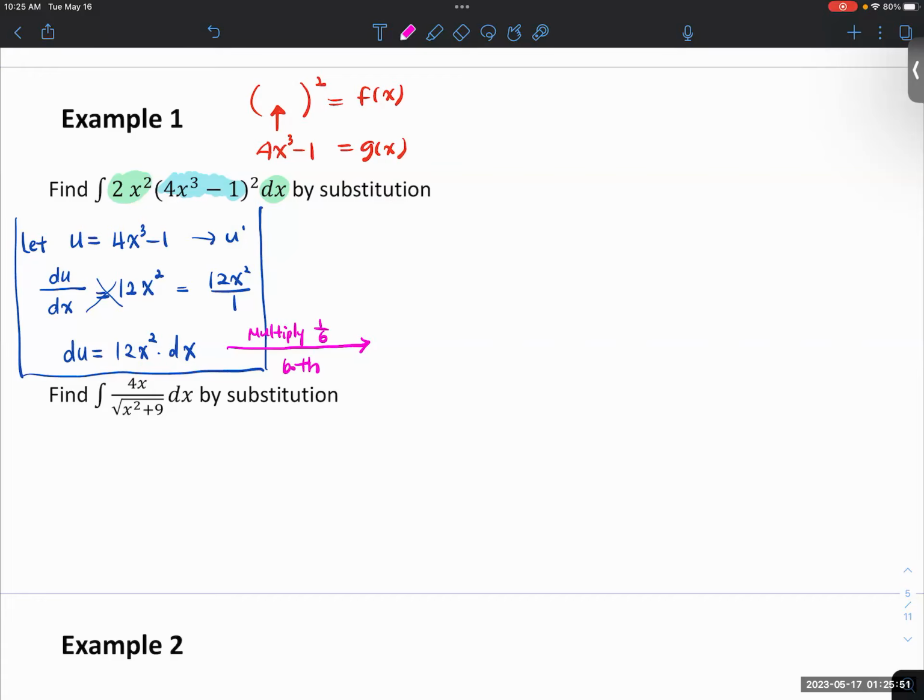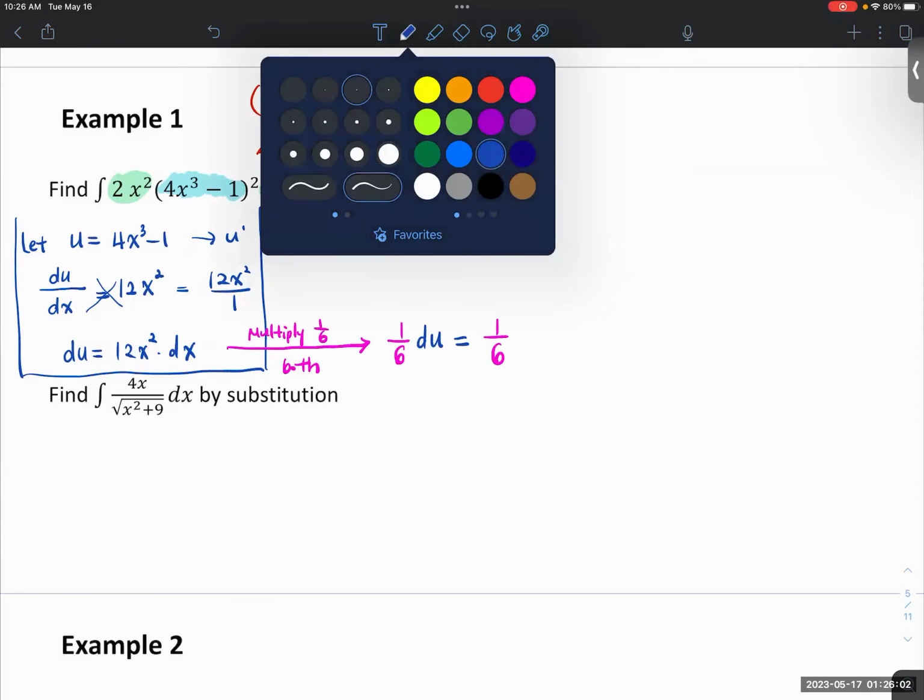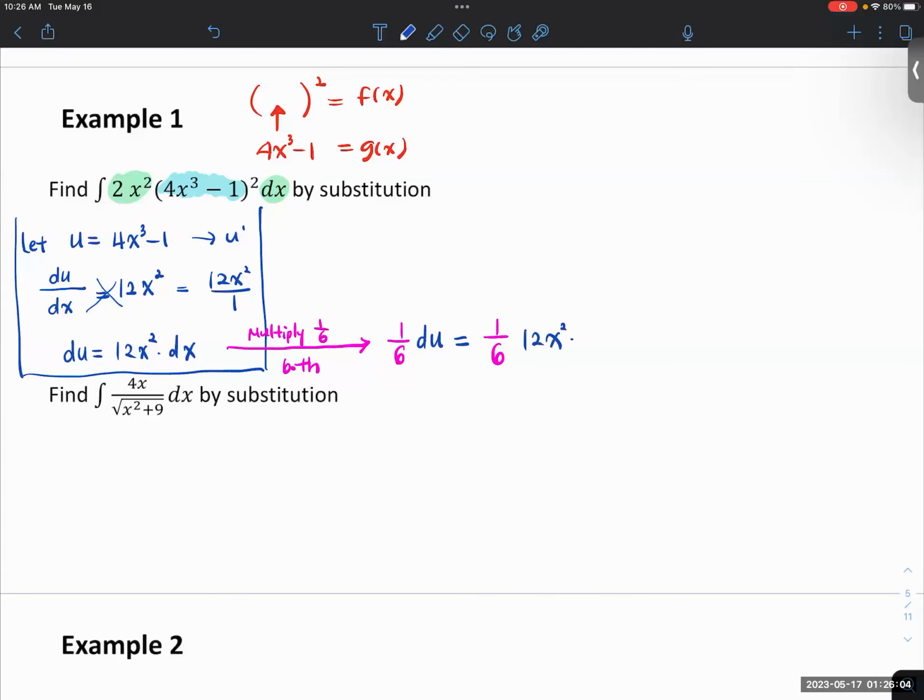What happened? We times du by 1/6, and then you have 1/6 on the right side times 12x to the second dx. So therefore, let me write it here, 1/6 du equals, after canceling, 2x to the second dx. Wait.